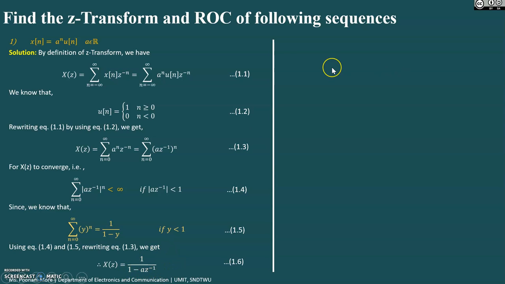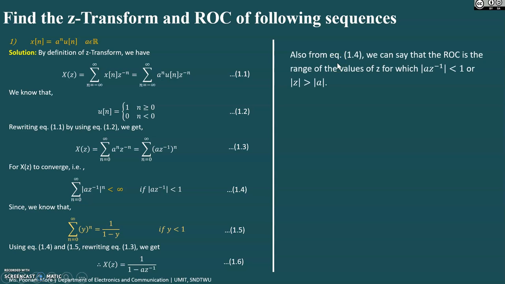Now this equation 1.4 also gives us the information regarding the ROC, because the ROC is the range of the values of z for which our x of z becomes finite. So from equation 1.4 we can say that the ROC here is the range of the values of z for which the magnitude of a z inverse is less than 1, because for these values only this summation will become finite.